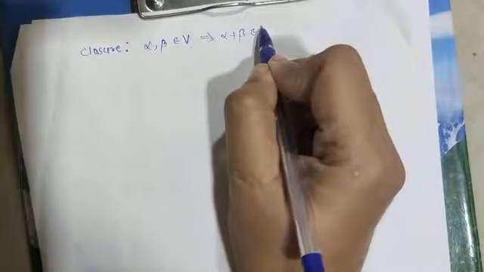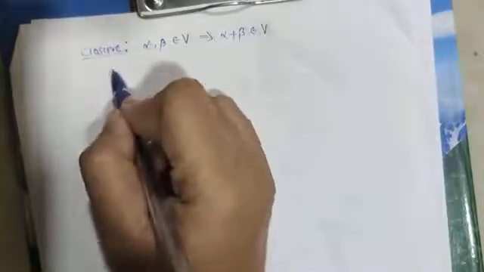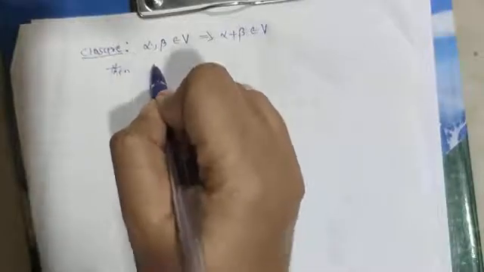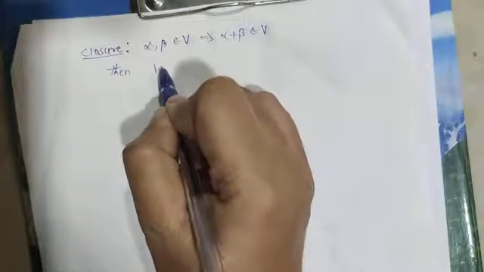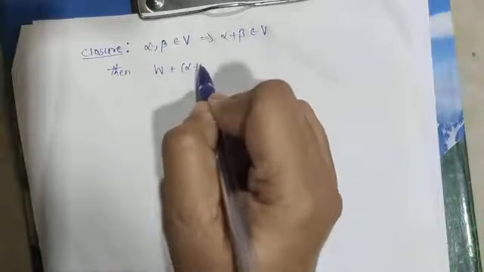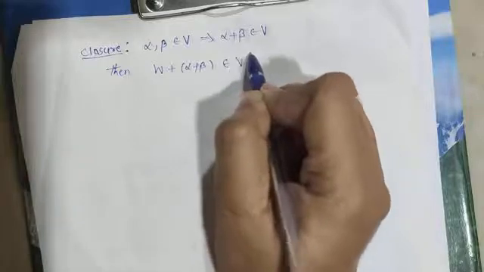Now first we prove closure property. For this, if we have alpha, beta belongs to V, then since V is a vector space, we have alpha plus beta also belongs to V. And then W plus alpha plus beta belongs to V star.